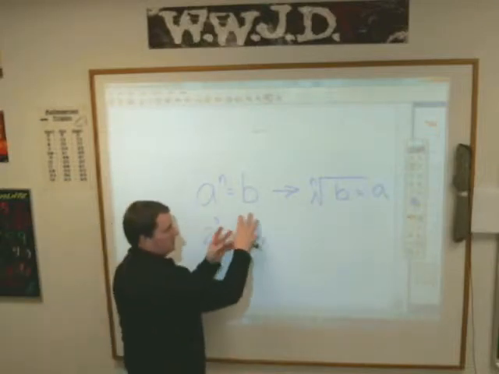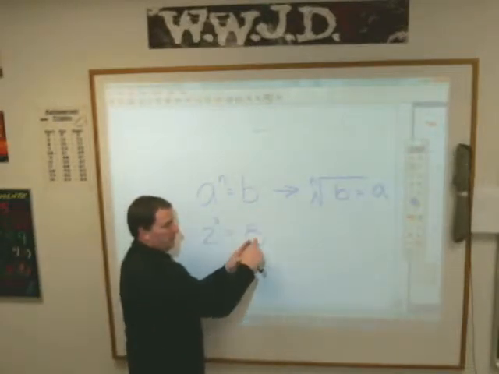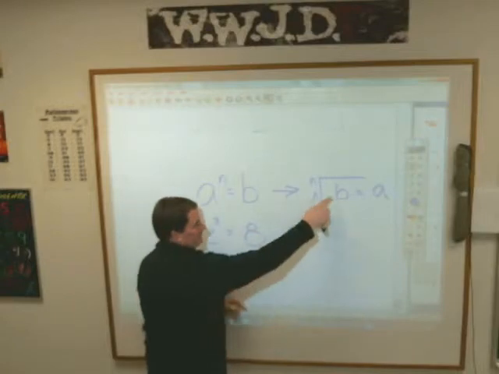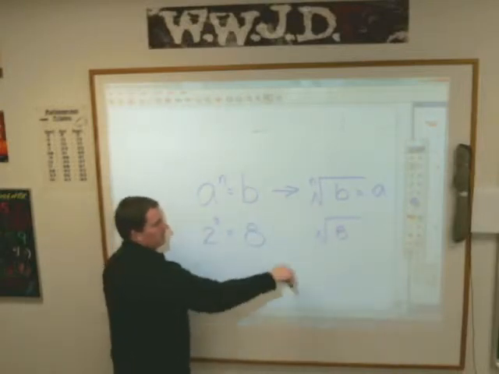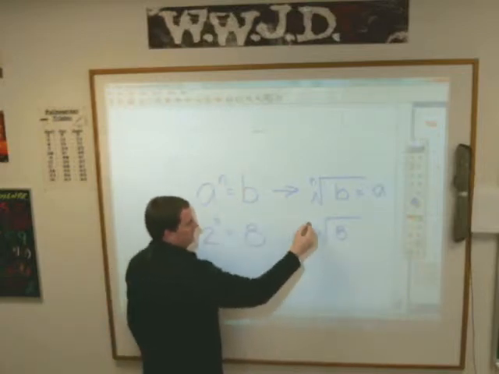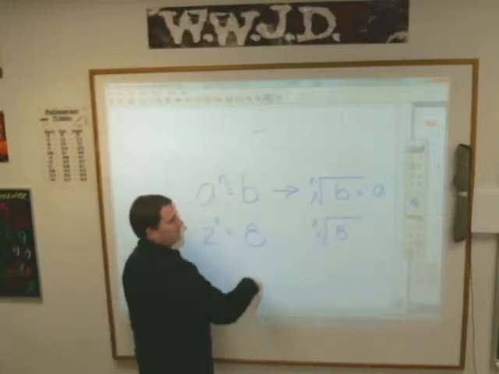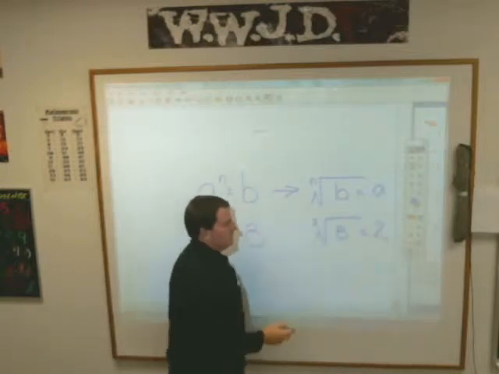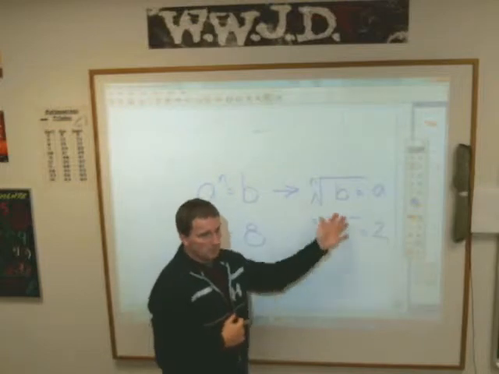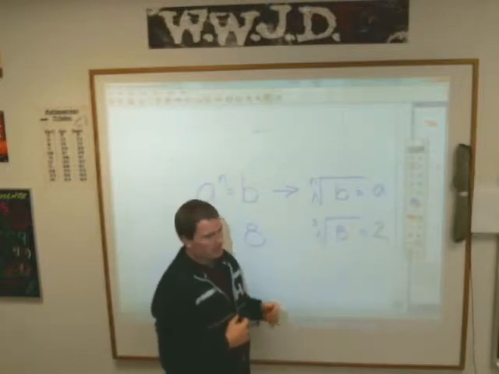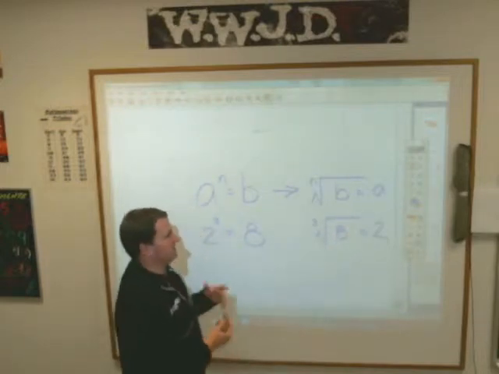So, adjusting these numbers, the letter b is 8. So I'm going to redo this with my b being 8. The n is 3. And the a is 2, which simply means this. The cube root of 8 actually is 2. Cool. Love that. I don't know if that helps you or not, but the book threw that at you.